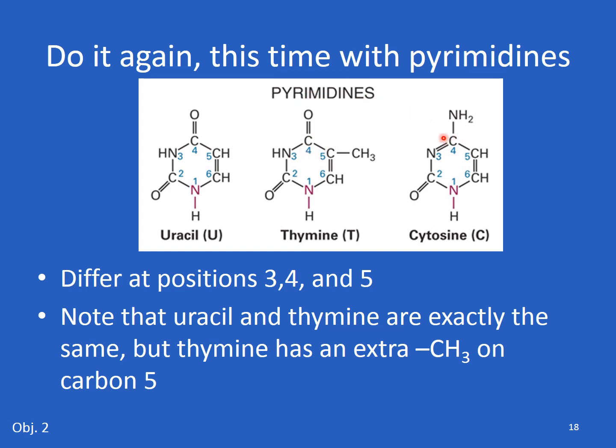On cytosine, it's a carbon single bonded to nitrogen. This is similar to the difference between adenine and guanine, if you'll recall. Finally, between thymine and cytosine, the only difference is that thymine has a methyl group on position 5, whereas cytosine just has a hydrogen. So 3 differences between those.